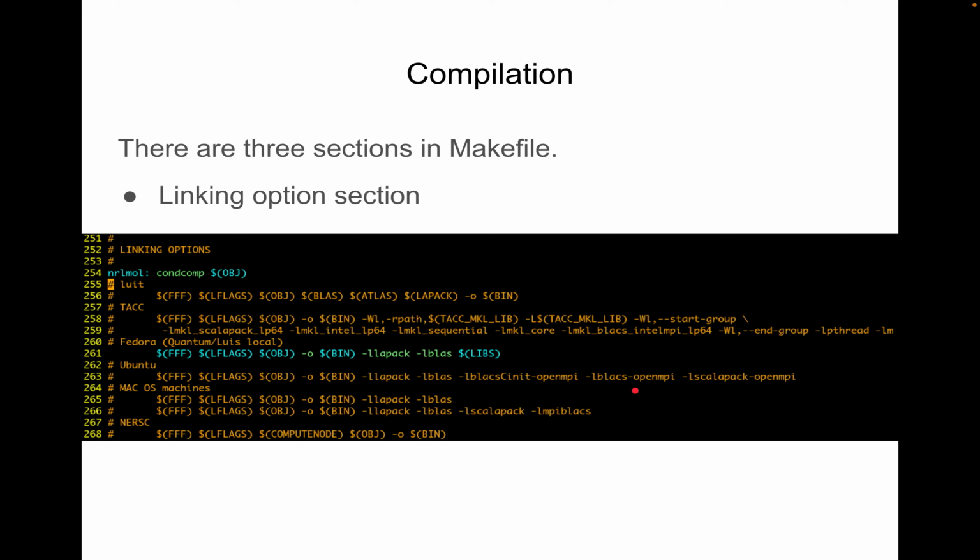And finally, what is relevant for the users is the linking options. The linking option section is located almost at the bottom of the makefile, indicated with the linking option. The linking option tells you how to combine the compiled subroutines, link them together to make one single binary file.